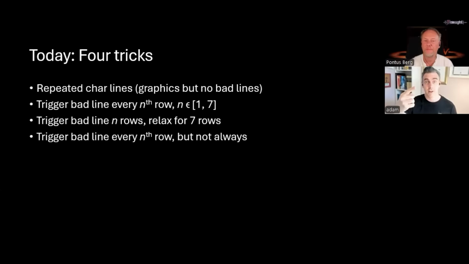They're the repeated character lines, which lets us do graphics but with no bad lines. It is to trigger a bad line every nth row, where n is between 1 and 7. Trigger a bad line every n rows, relax for 7 rows. And the fourth one is to trigger a bad line every nth row, but not always. So those are the four fundamental tricks that we're going to use and look at today. Everything is based on D011.